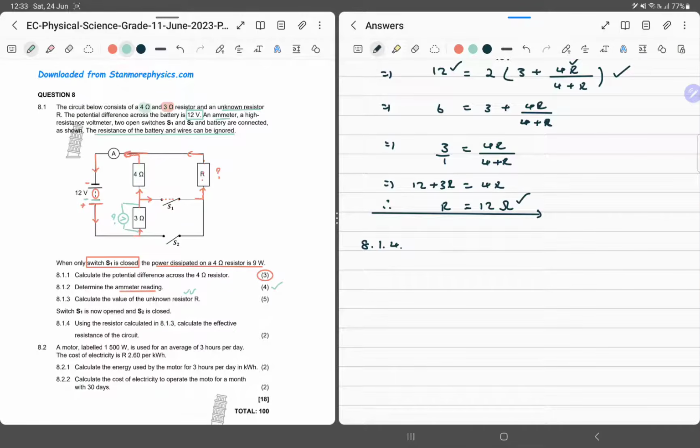8.1.4 says now switch S1 is opened and switch S2 is closed. So we're opening this and then we're closing this one here. That means the current will split at this point, so there's no current now passing through that segment.